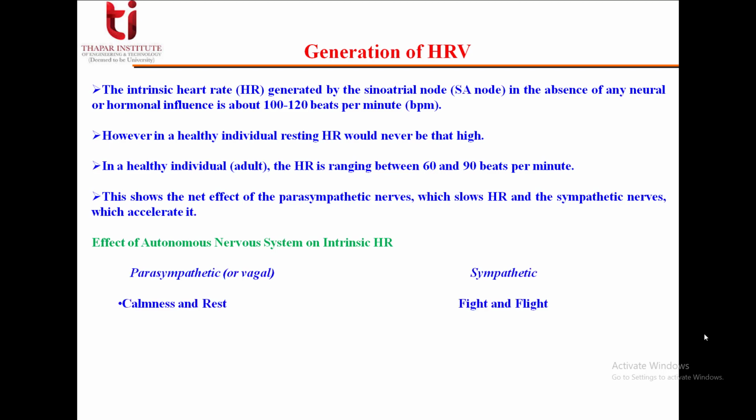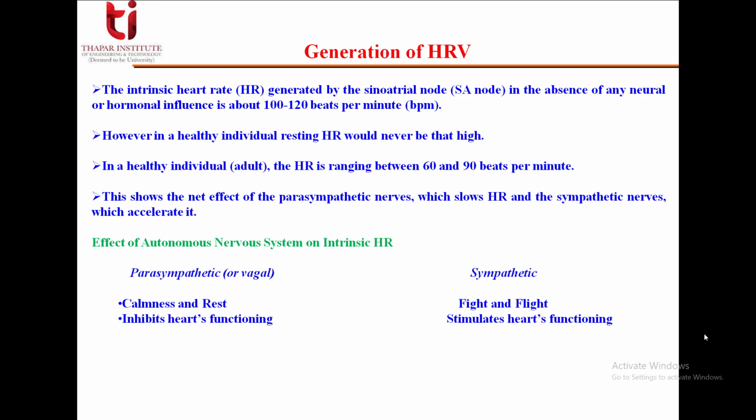As we know, the autonomic nervous system is divided into two: the parasympathetic or vagal system, and the sympathetic system. Parasympathetic is mainly active when the body is in a calm state, or at rest, and sympathetic is a kind of fight and flight response.